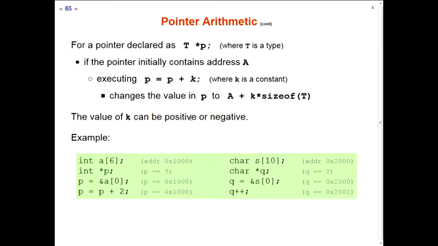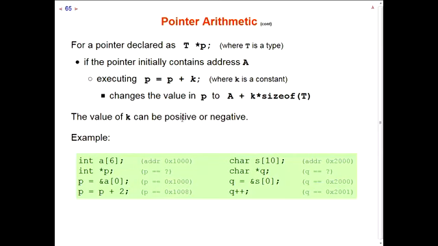So generally speaking, pointer arithmetic means that when you declare a pointer as pointing to a type T, and your pointer initially contains an address A, and you execute the command advance P by K, then it will change the value of P to the address A plus K times the size of the type T. So if you have an integer pointer and you say P equals P plus 2, it will advance 8 bytes because 2 integers.